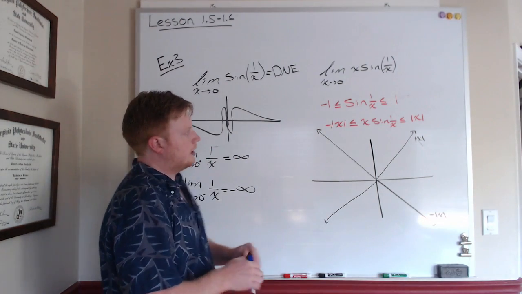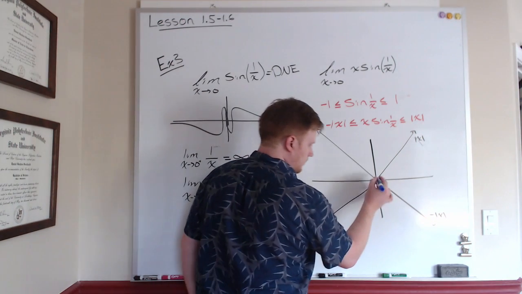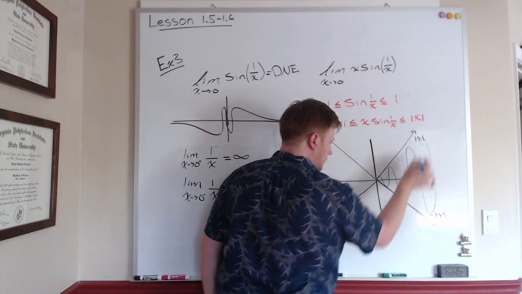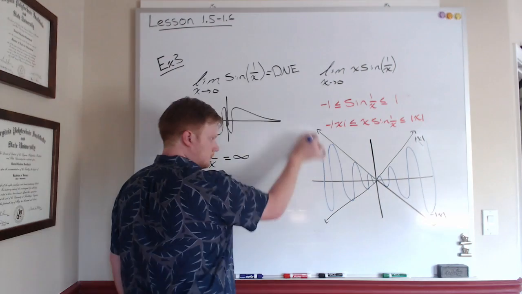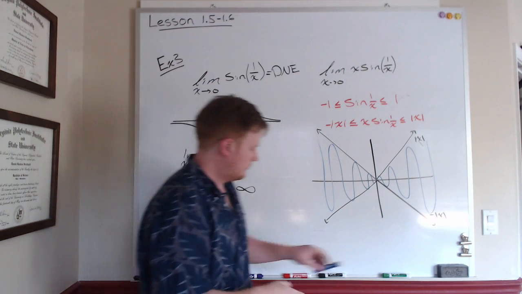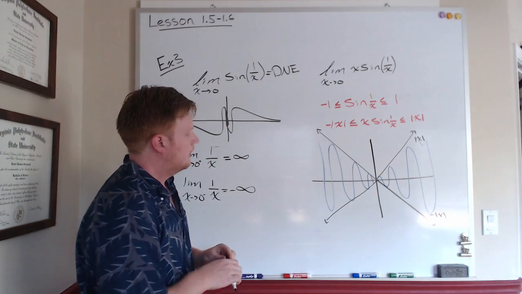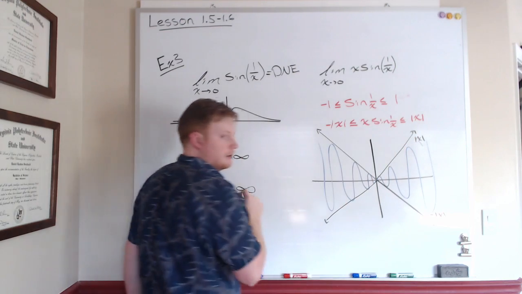And if you graphed x sine of 1 over x, you might see a graph that looks something like this. Well, what's the limit of these two bounding functions?